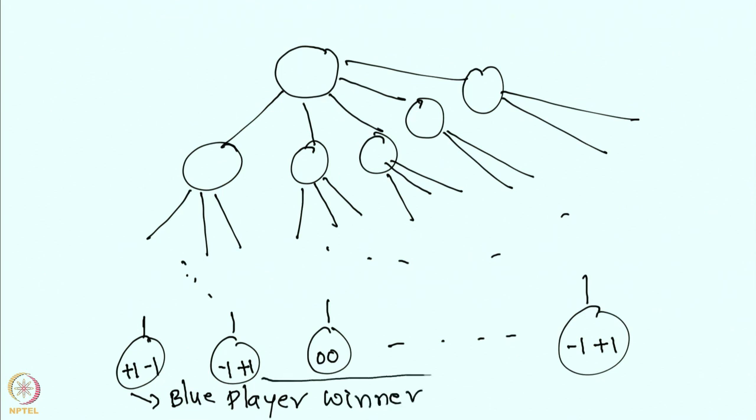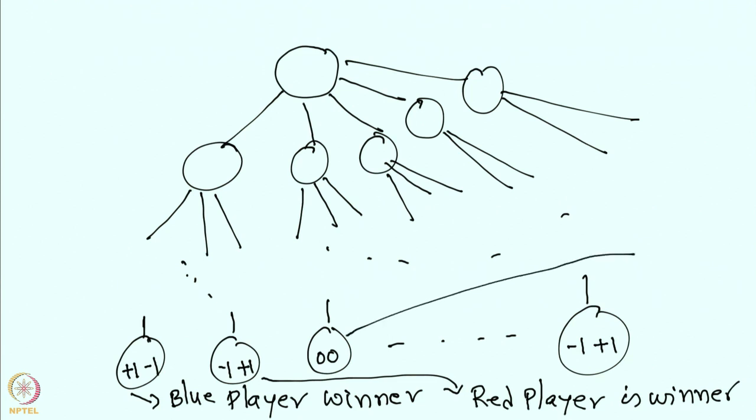Now in this case the red player is the winner. And in this case it is a draw. So this game tree is a very powerful idea. In fact, we will explore this game tree in a later part of the course.